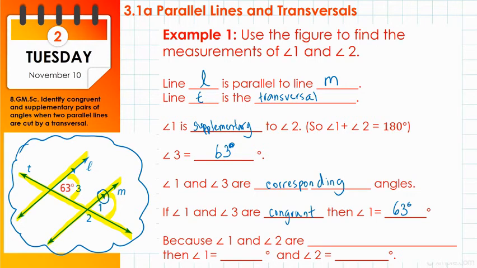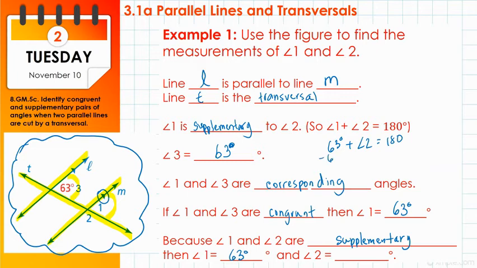We go back and we know that because angle 1 and angle 2 are supplementary, then angle 1 being 63 degrees, in order to find angle 2, I have 63 plus angle 2 is equal to 180.